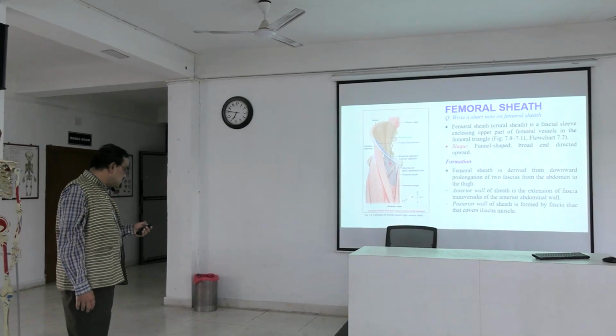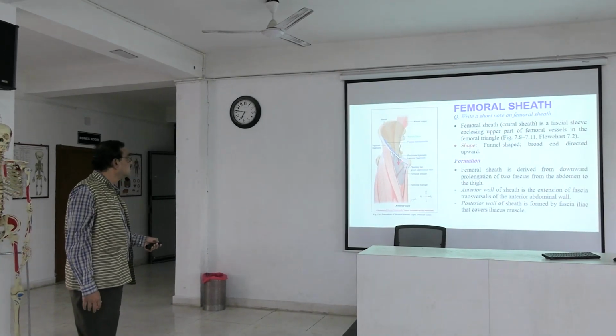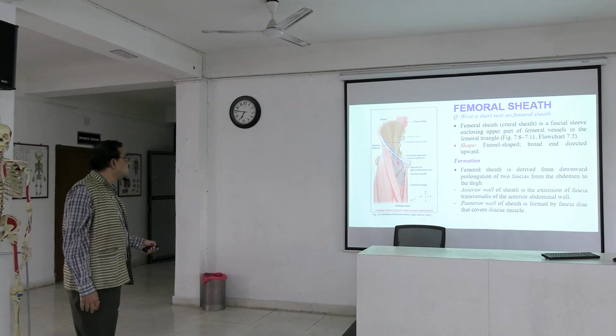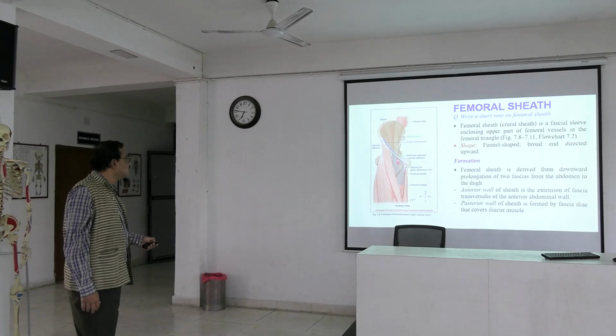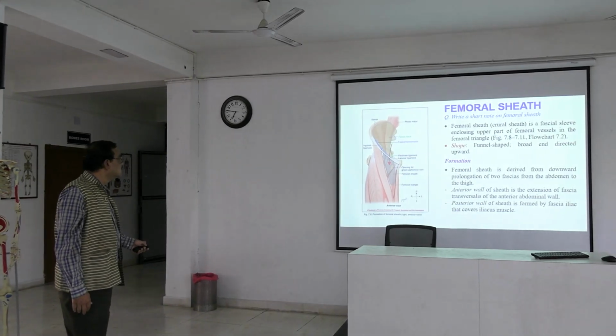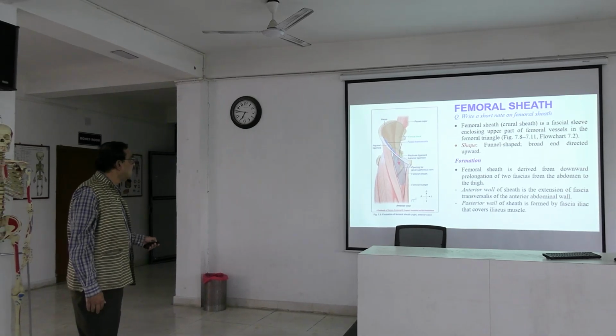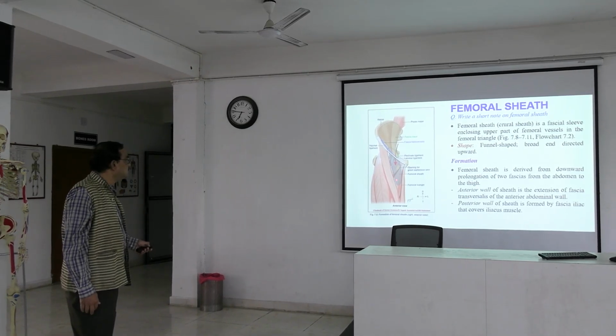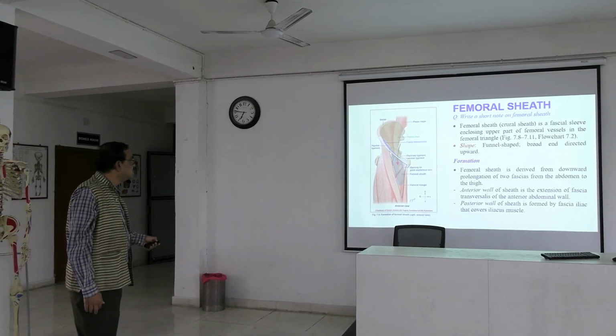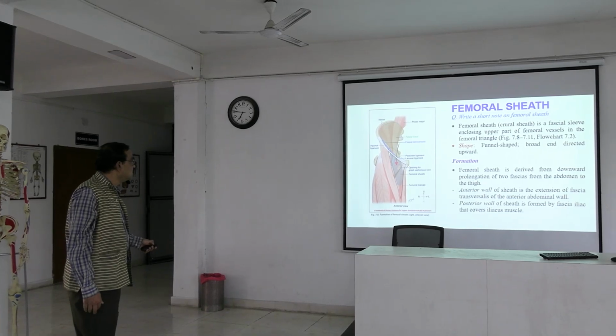Now this is the picture of the femoral sheath. It covers the artery and vein, and it passes downwards.